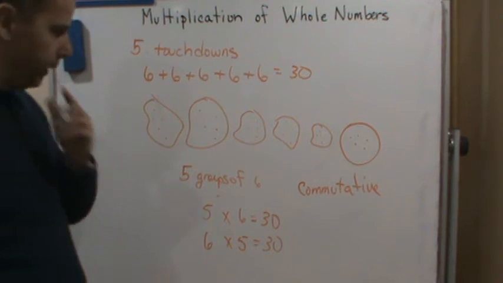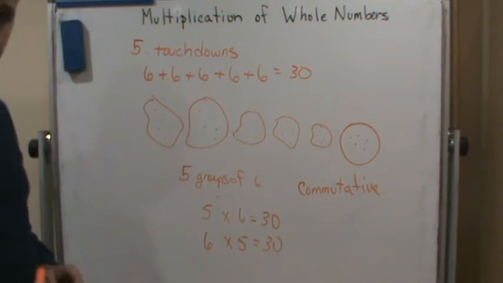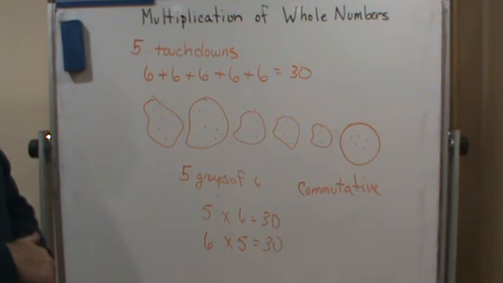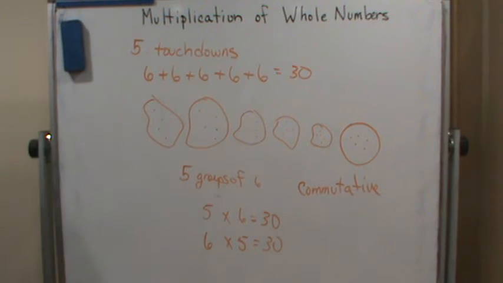But the commutative property works for multiplication. I can't think of the word I'm looking for, but it works. So again, with multiplication, it doesn't matter the order that you multiply numbers. You'll get the same answer either way.